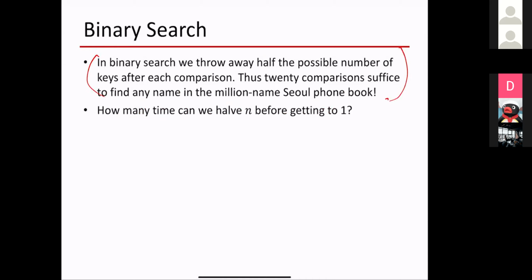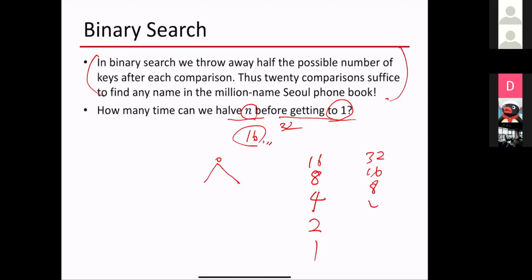Okay, how many times can we halve n before getting 1? Let's say this is 16. How many times can we halve it? 16, I can halve it to 8, then 4, then 2, then 1. If it is 32, I can halve it 16, 8, 4, 2, 1. What if it is 33? I can halve it to 16 and 17, right?